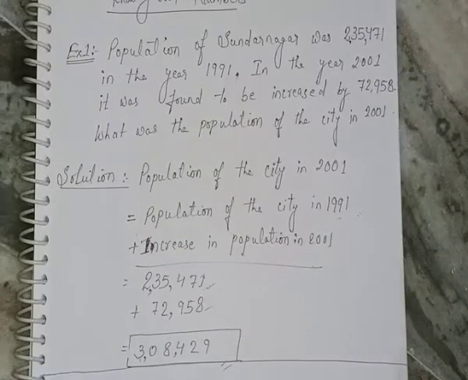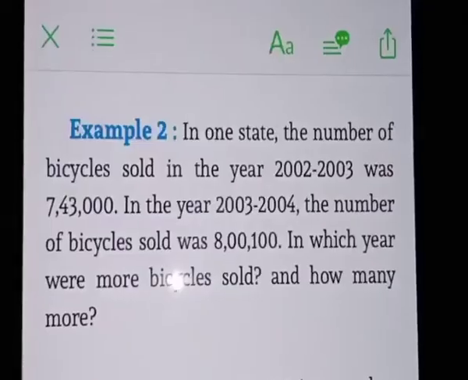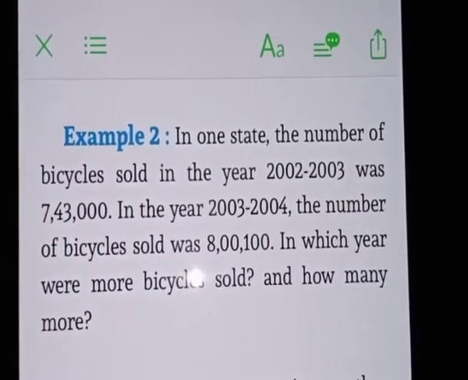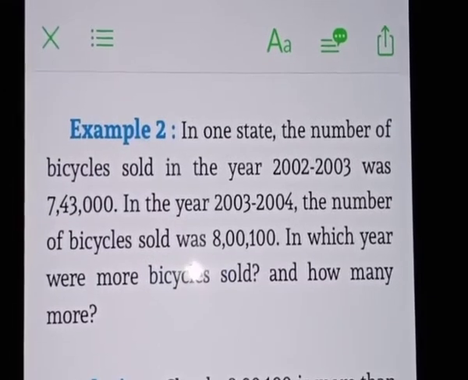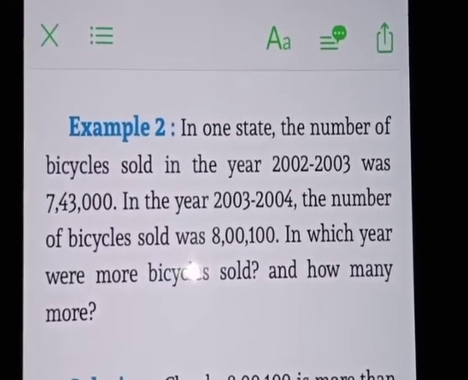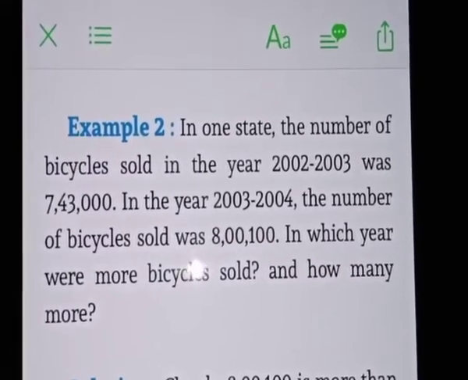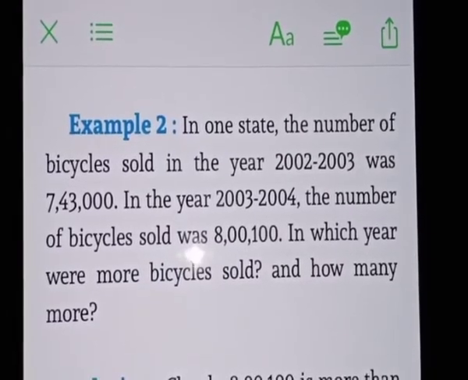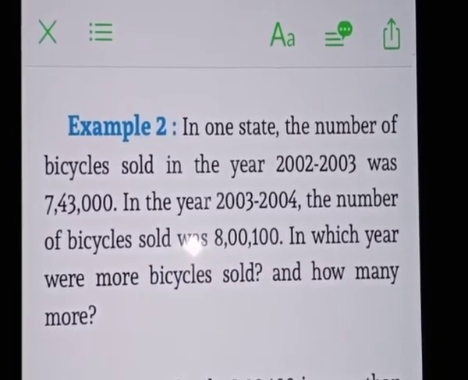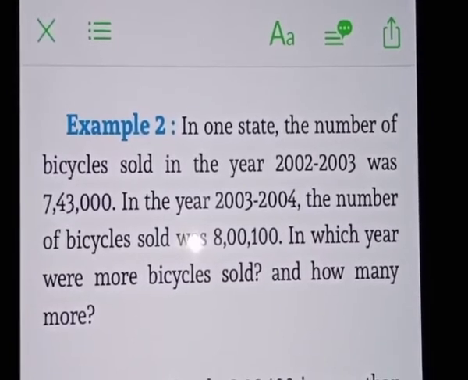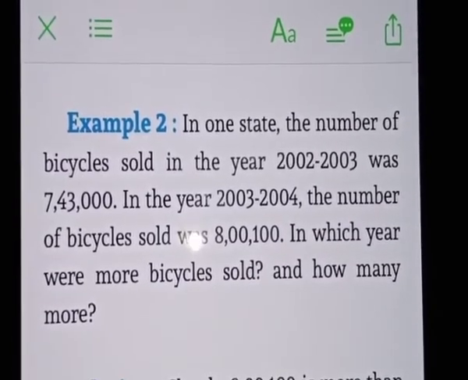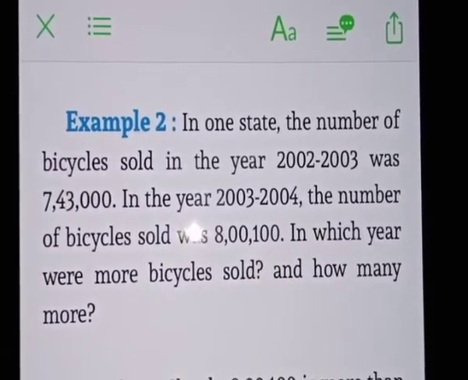Now let's get to example number 2. In one state the number of bicycles sold in the year 2002 to 2003 was 7,43,000, and in the year 2003 to 2004 the number of bicycles sold was 8,100,000.